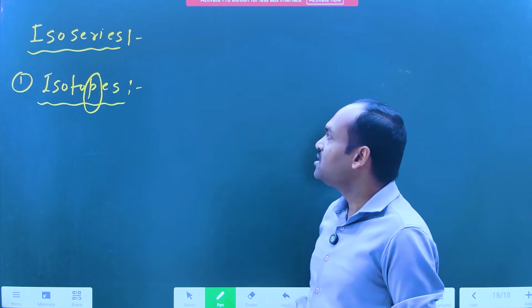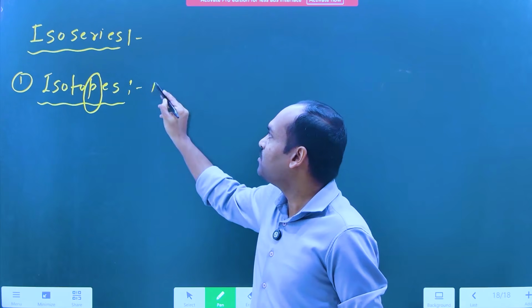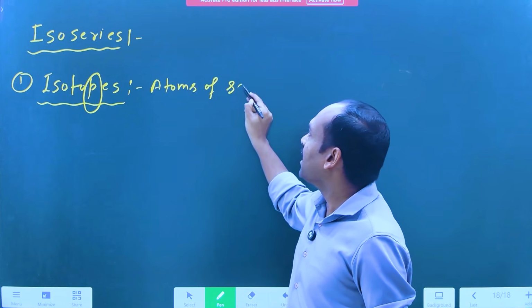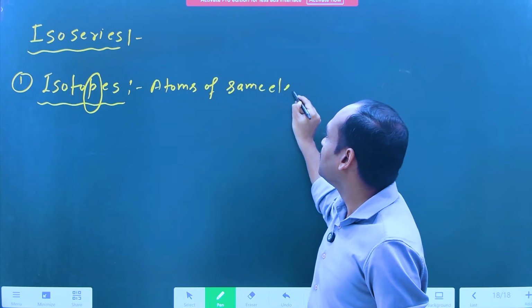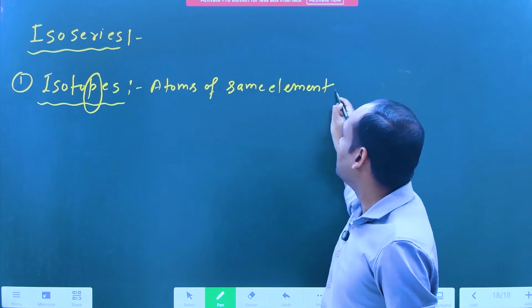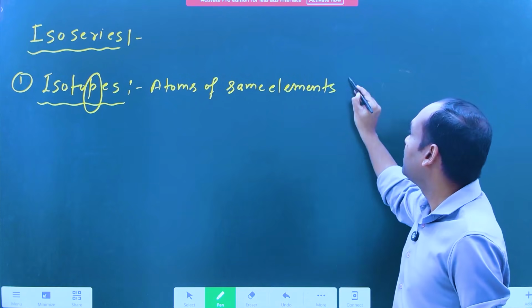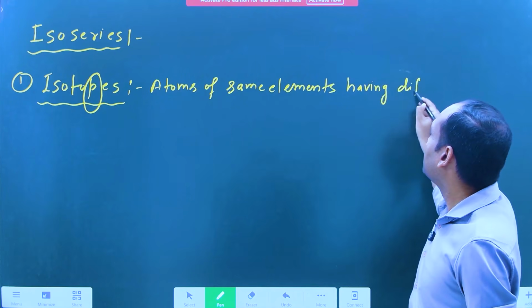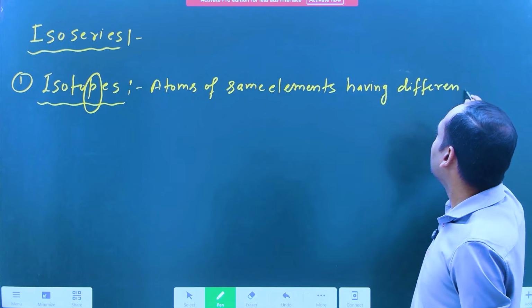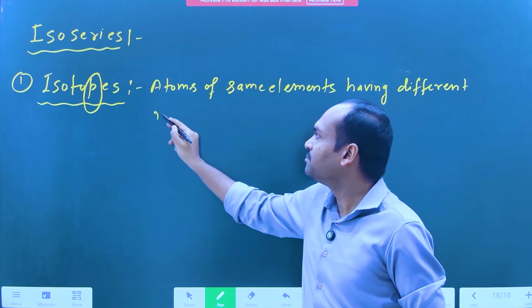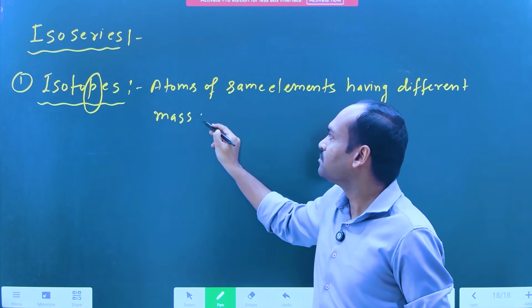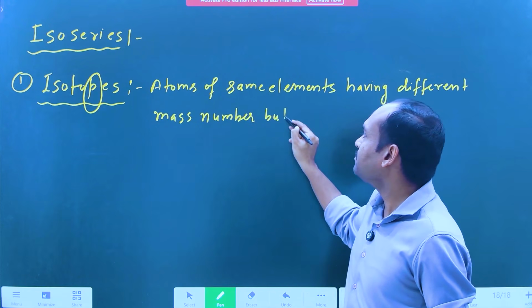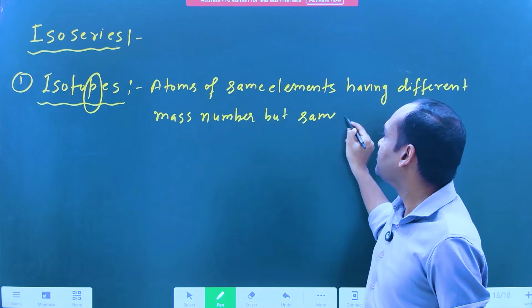We can say that isotopes are atoms of the same element having different mass number but the same atomic number.